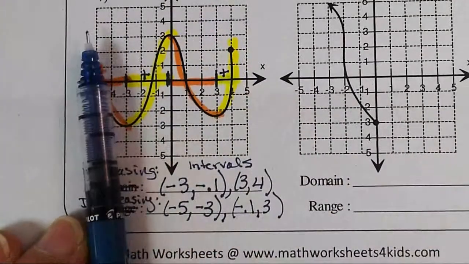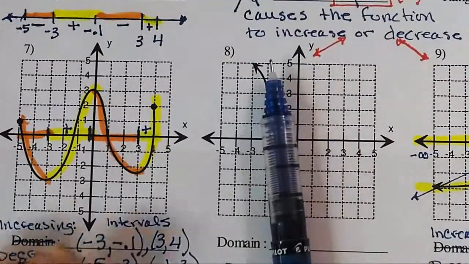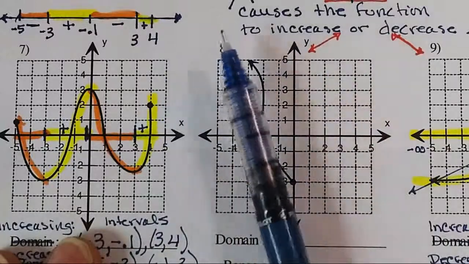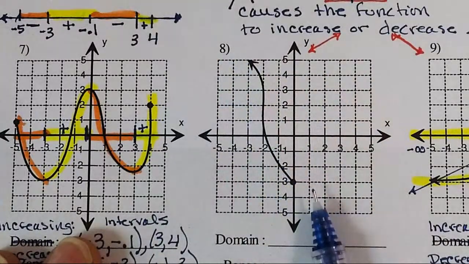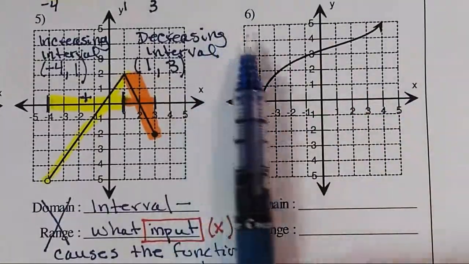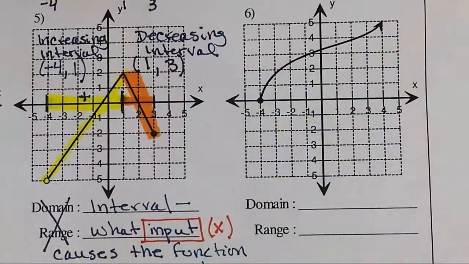We always move left to right. So if we were looking at this one here, if I'm moving left to right, this whole function is going down. It starts up here somewhere. Okay? If I'm looking at this one, this function's going only up, and it goes up forever because of the arrow.